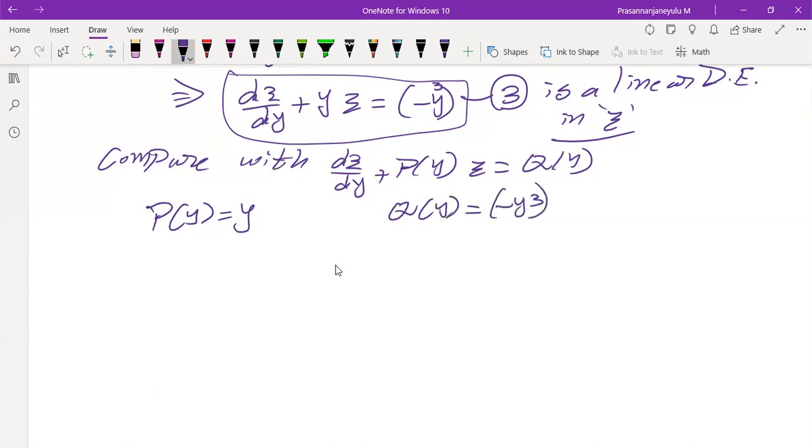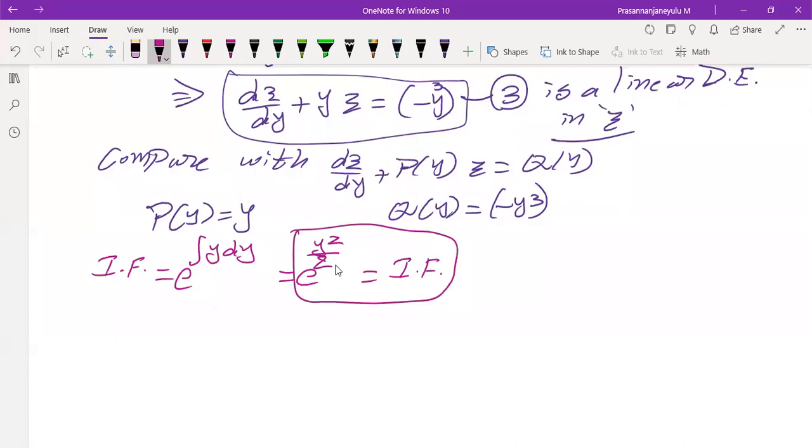So now, what is the integrating factor? IF equals to e power integral P of y into dy. So I'm just writing directly. Exponential of integration of y dy is y square by 2. So this is our integrating factor. Now going with the general solution. What is the general solution of equation number 3?